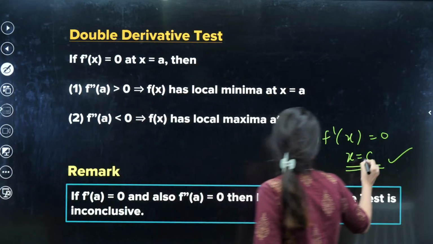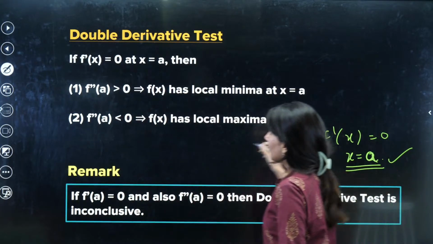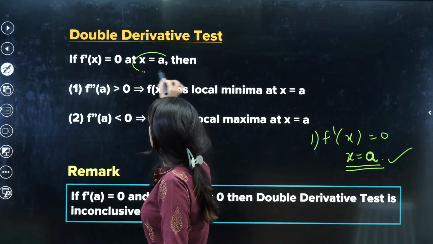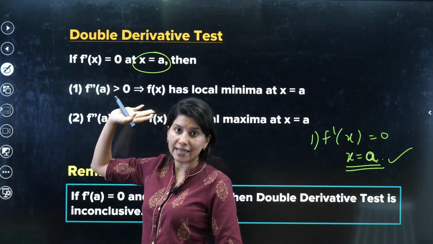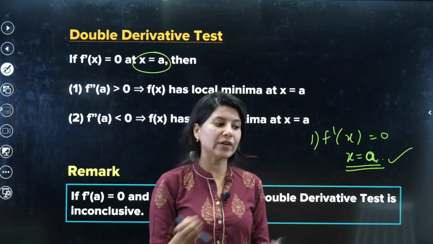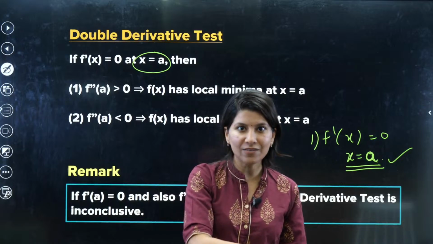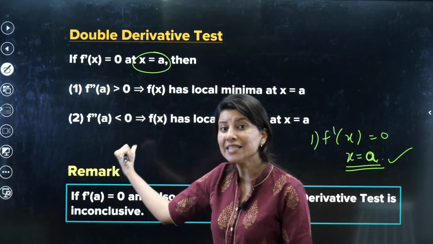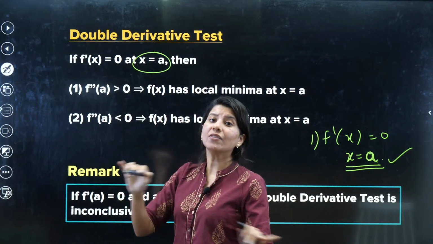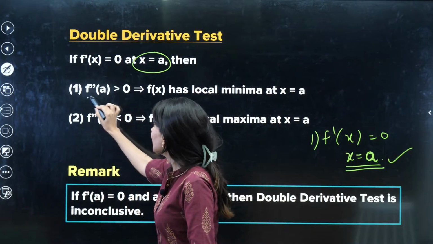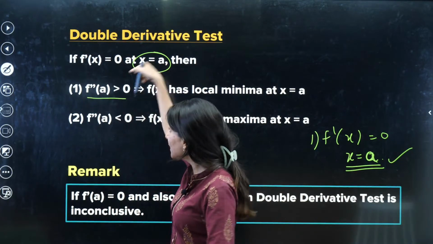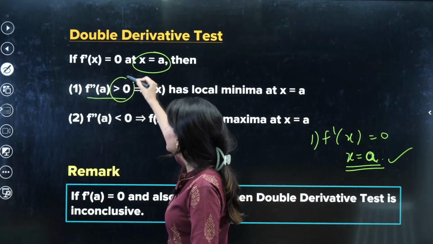So suppose this time you are talking about x equals a. So x equals a is your critical point which is under test. Now you are looking for whether it is maxima or minima. Who is going to tell you? Either the first derivative test, the sign changing, or the second derivative test. The second derivative test is pretty easy. You just differentiate that function, put that critical point and figure out the value at that point.